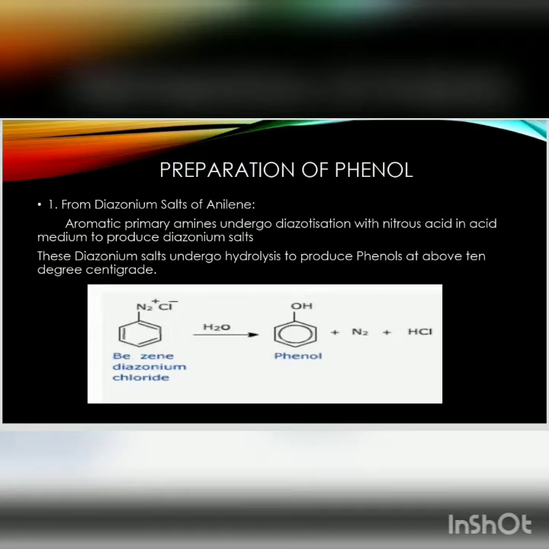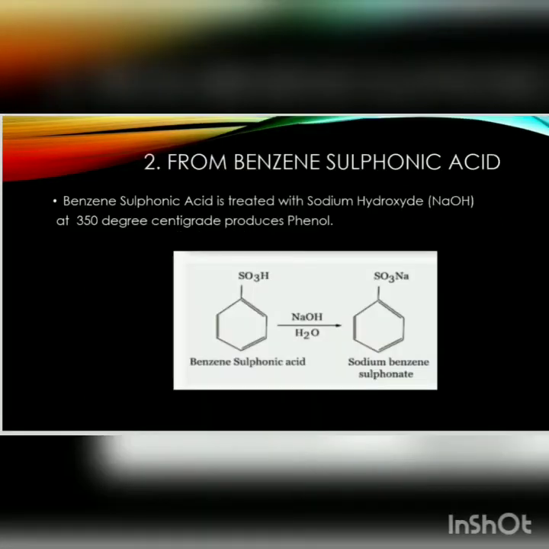For example, in this reaction, we prepared phenol. Benzene diazonium chloride, that is phenyl group attached to N2 plus Cl minus, on hydrolysis produces phenol plus N2 plus HCl.